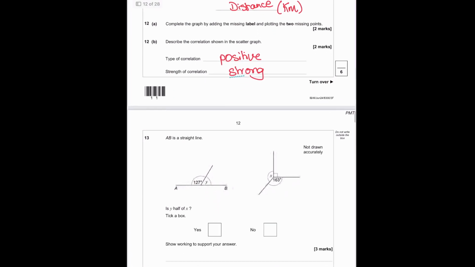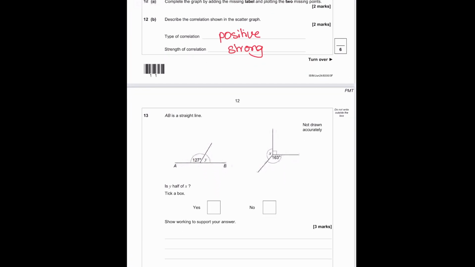AB is a straight line. Is y half of x? No. Support your answer. Well, we know that angles on a straight line are 180, so y is going to equal 180 minus 127, which is 53 degrees.